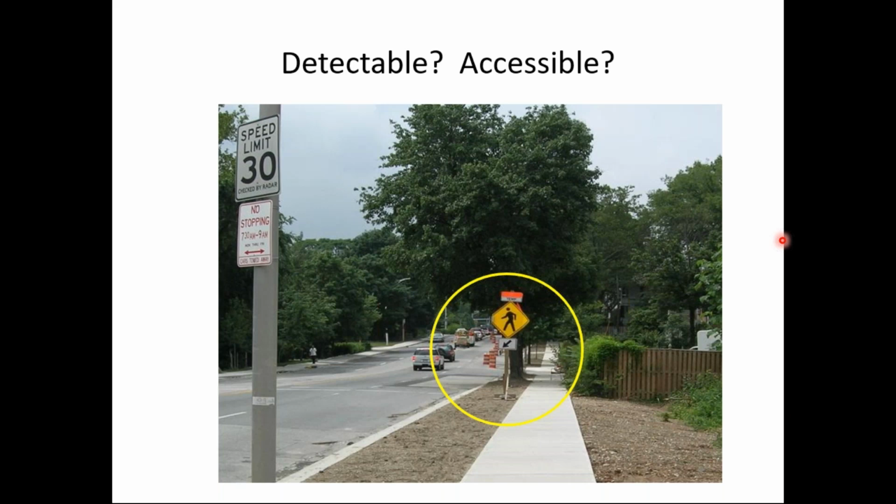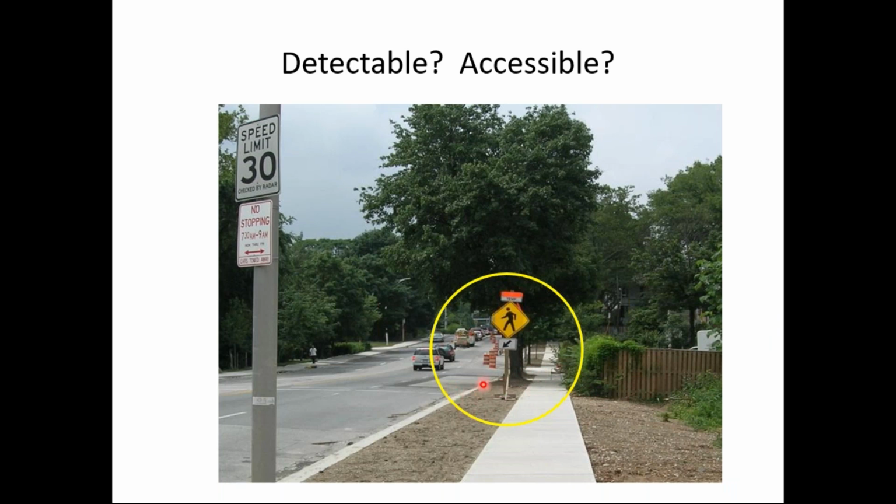Fortunately here, it doesn't look like there's a serious issue, but I think in the distance the sidewalk may be closed or there may be an excavation or something like that. If you want to have a detectable sidewalk closure, there would need to be a detectable barricade across the sidewalk that can be detected with the cane. But what about accessibility?